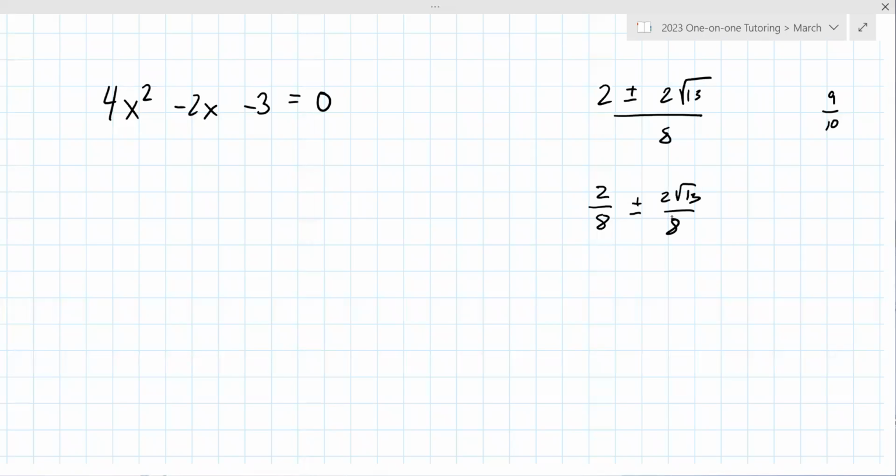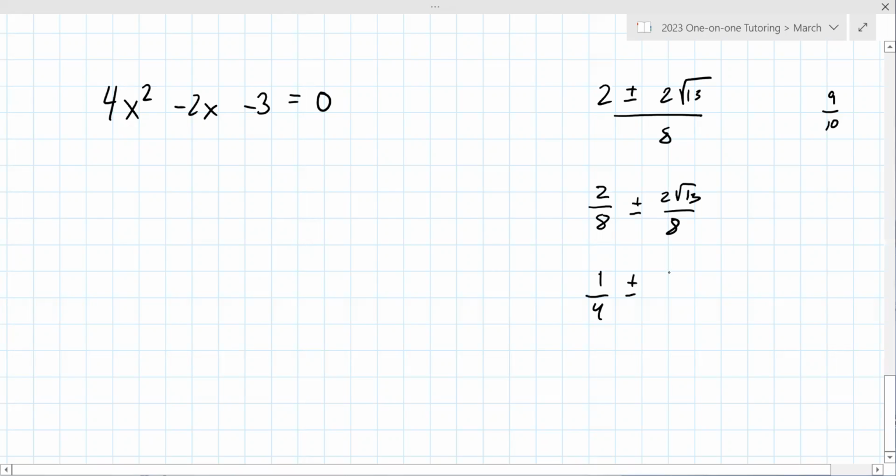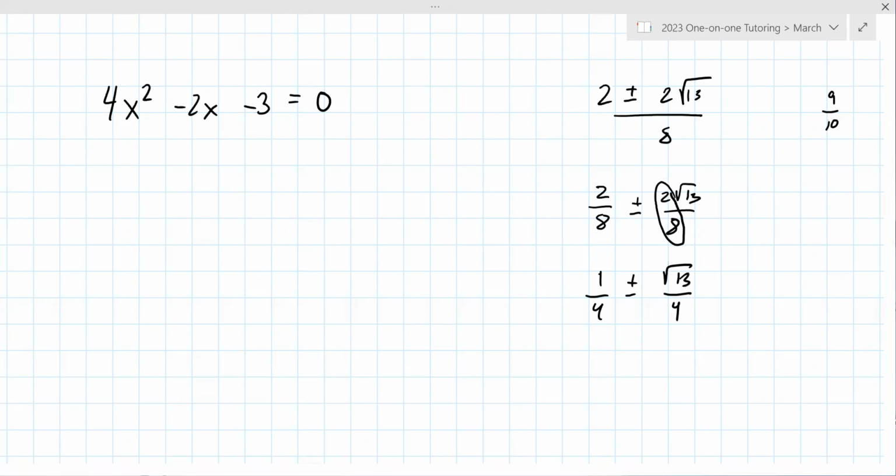It'd be 1/4 plus or minus 2 times square root of 13/8. You can divide the 2 and the 8 here on the right as well. Oh, I forgot you could do that. Yes, yes. Okay. All right.